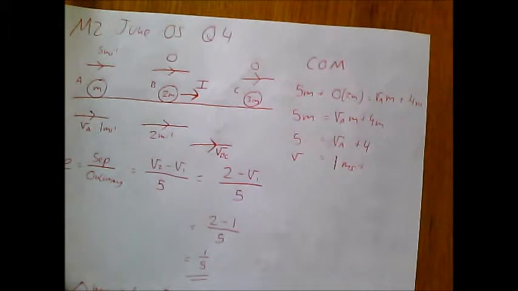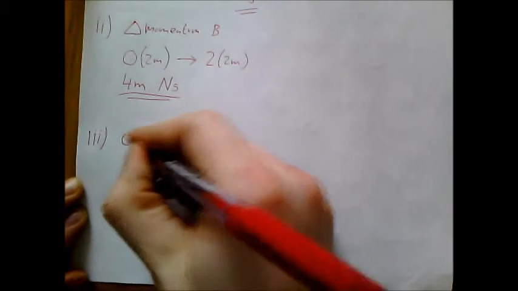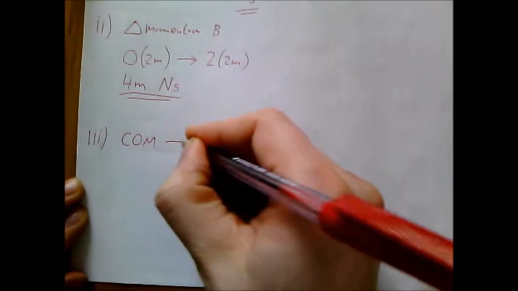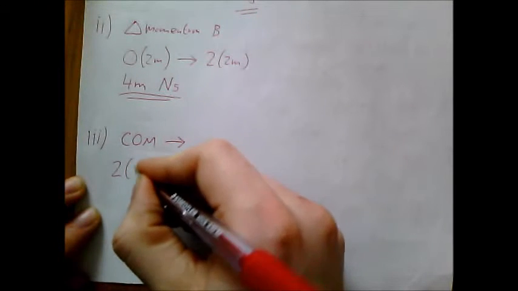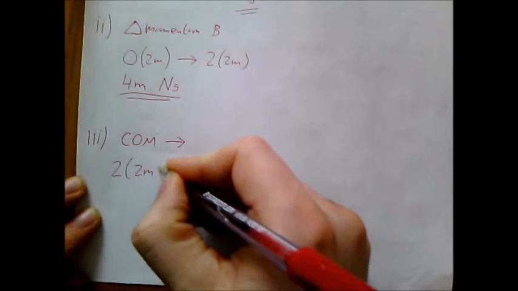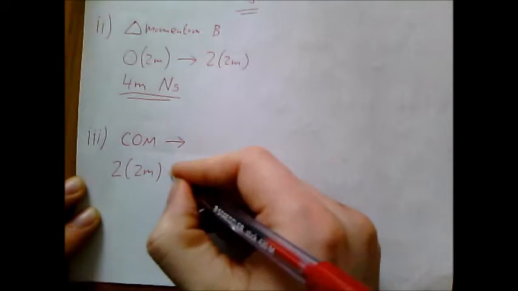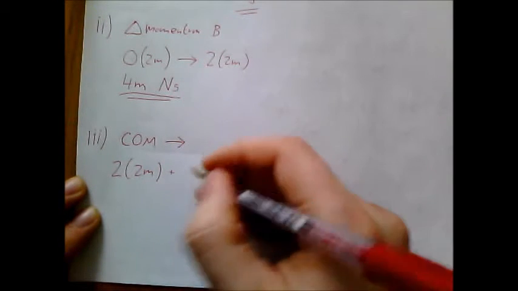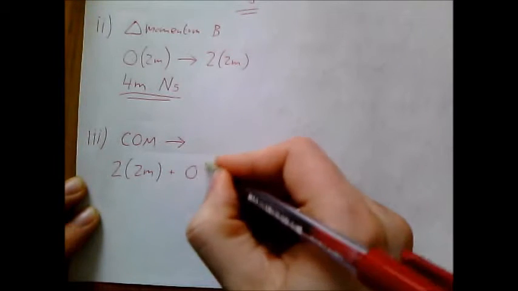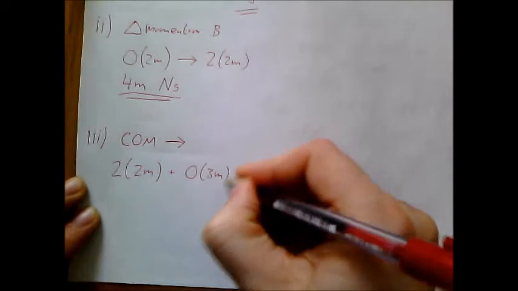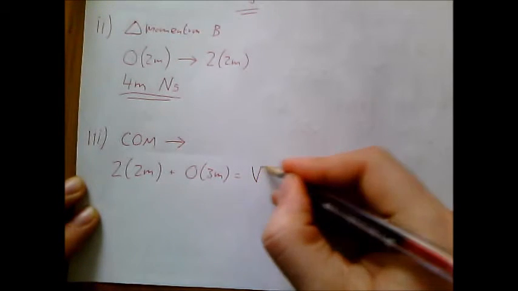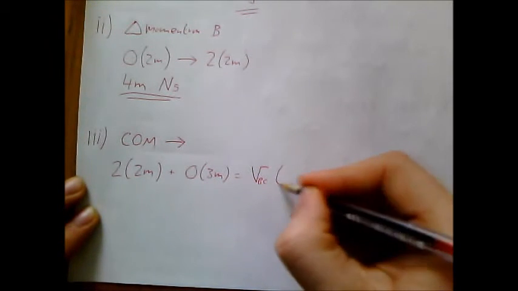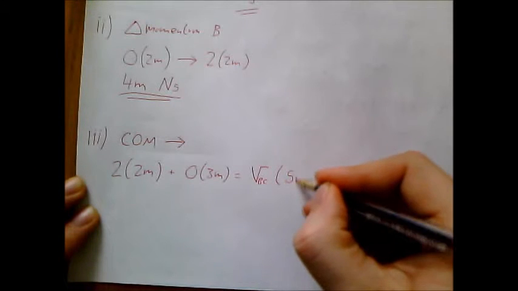So let's use conservation of momentum, to the right. 2 lots of 2m, that's particle B, plus 0 lots of 3m, which is effectively 0, will equal VBC lots of 5m.